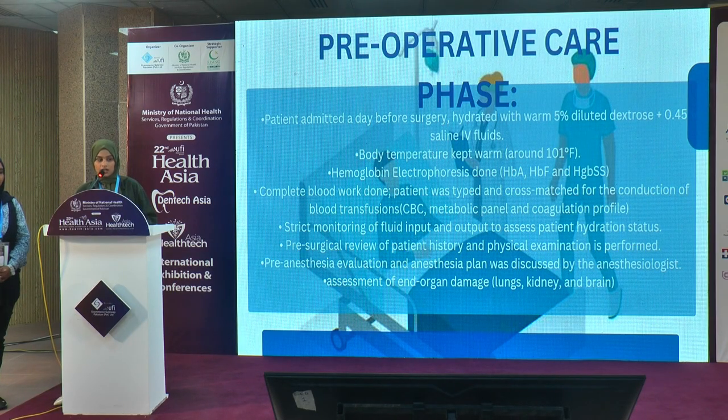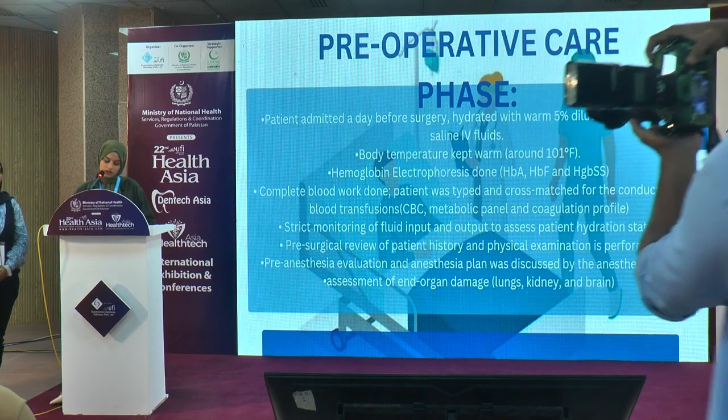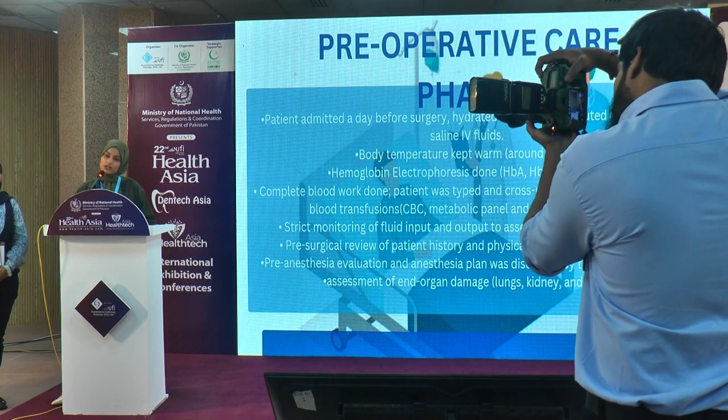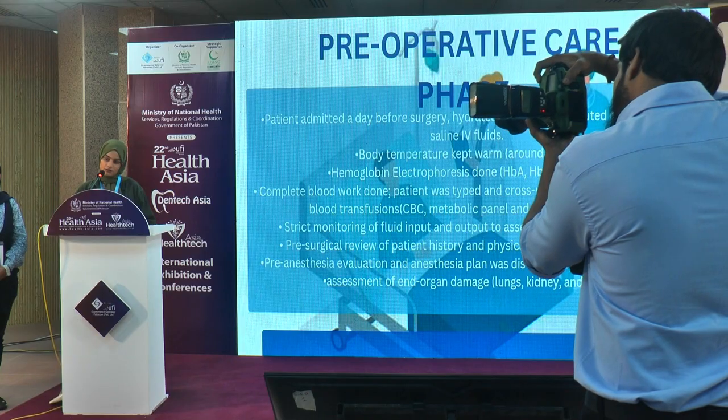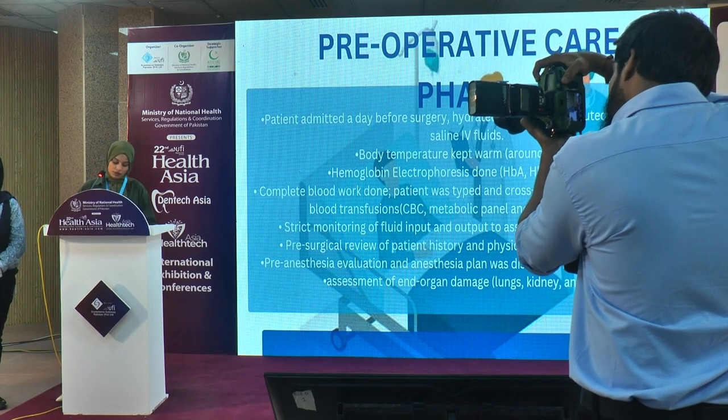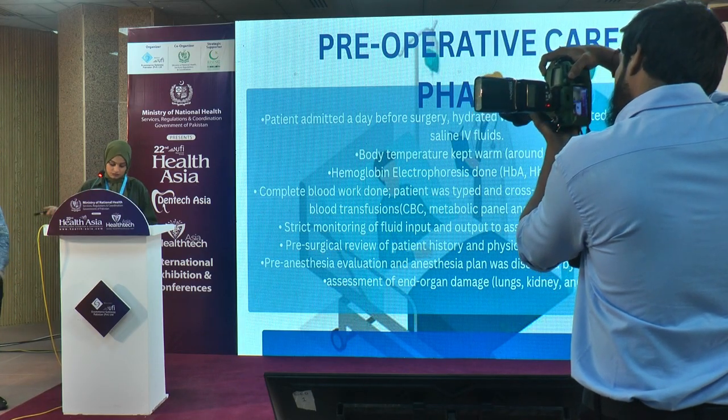Fluid input and output was strictly monitored to maintain hydration, as adequate hydration prevents sickling. Pre-surgical review, physical examination, and pre-anesthesia evaluation were conducted, and organ function, particularly of the lungs, kidney, and brain, was assessed.